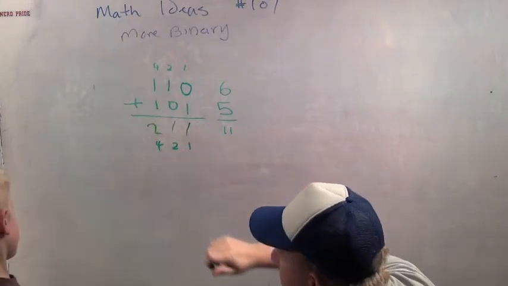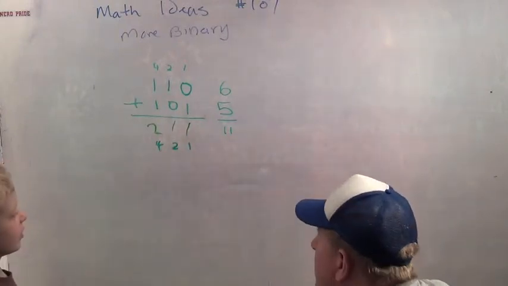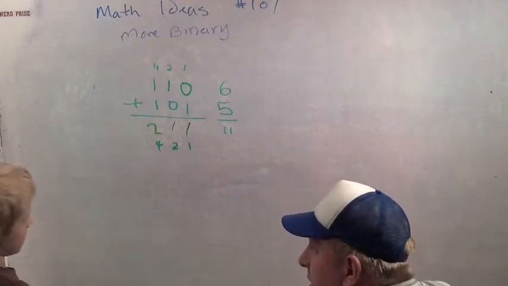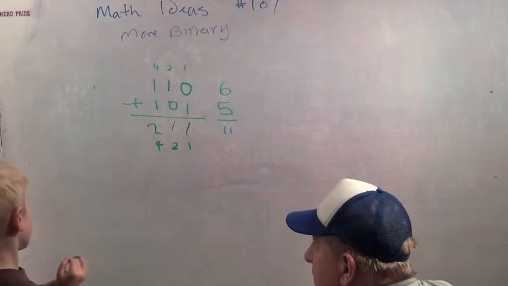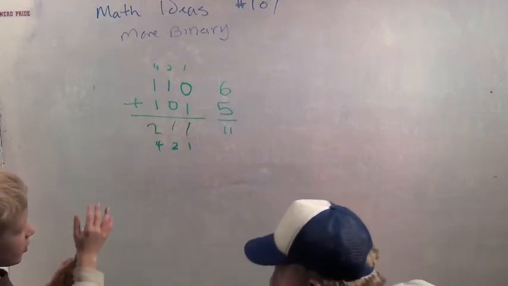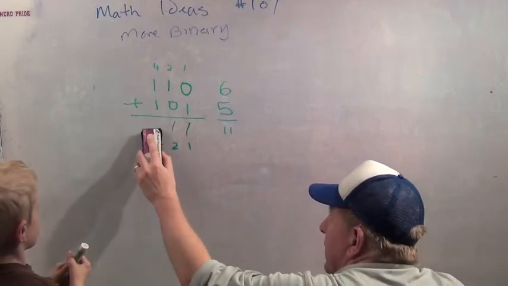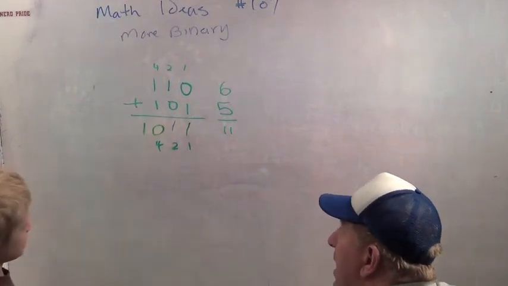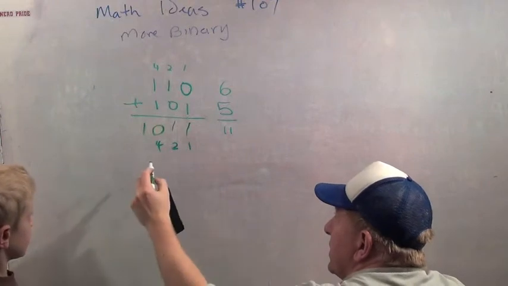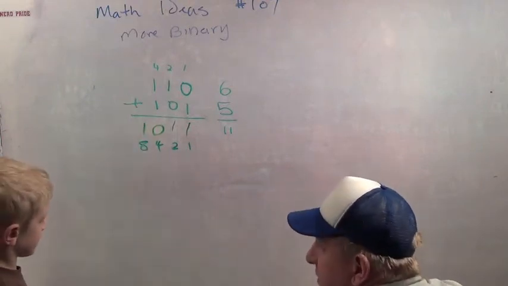But what's wrong with this answer? It has a 2 in it. And what do you need to do when you have a 2 in binary? Shift it over, make it a 1, and that leaves a 0. Okay, go ahead. So I'll erase that 2. That leaves a 0, and that becomes a 1. And what column is this in? It's the 8th column.